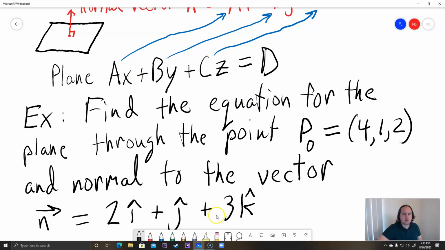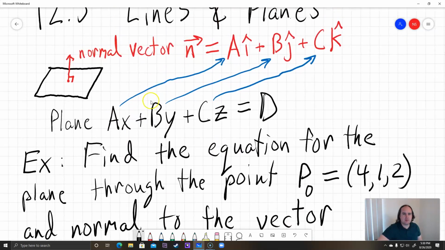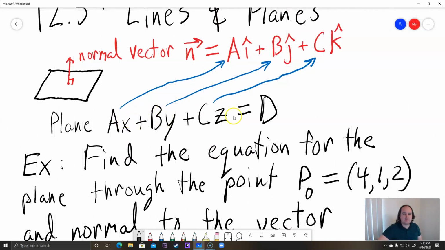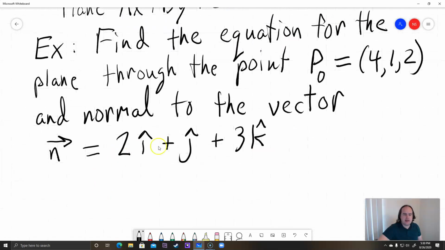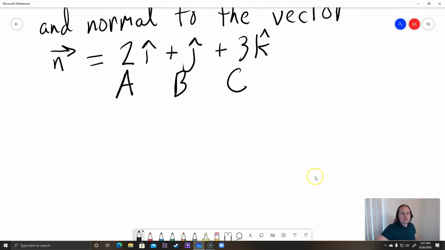So we know already that the plane is going to have the form ax plus by plus cz equals d, where a, b, and c are the components of the normal vector n. So here we can see that our a, b, and c are just going to be 2, 1, and 3.